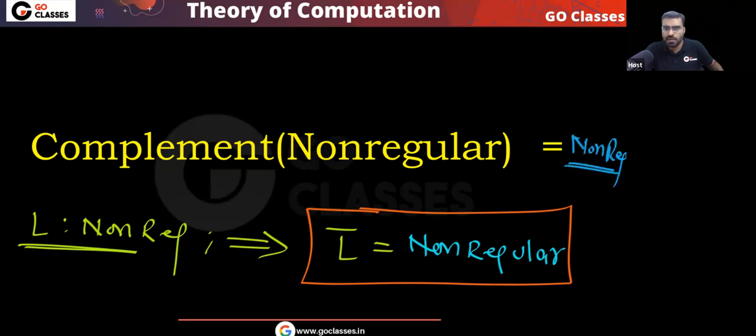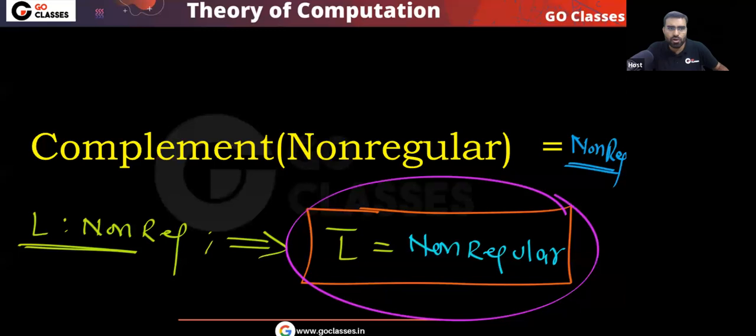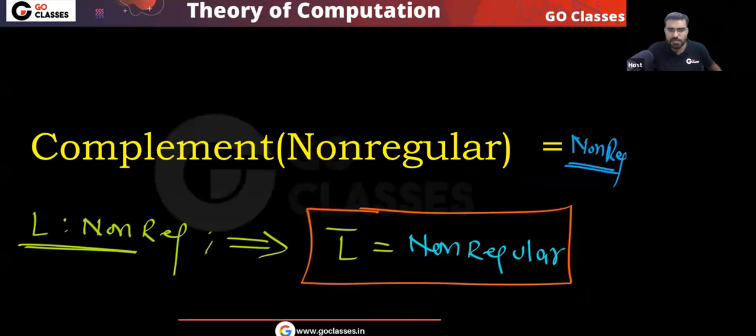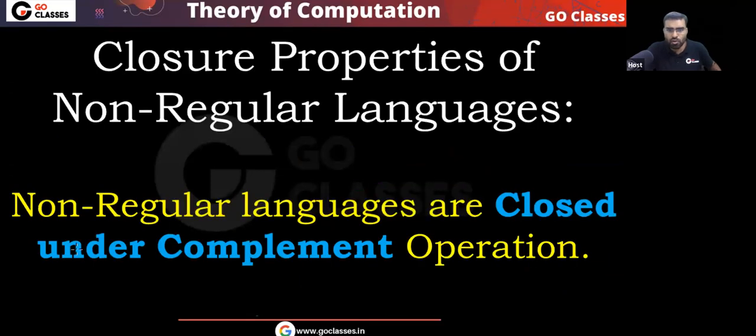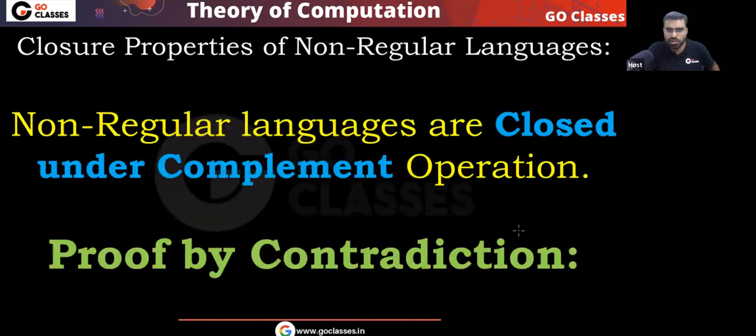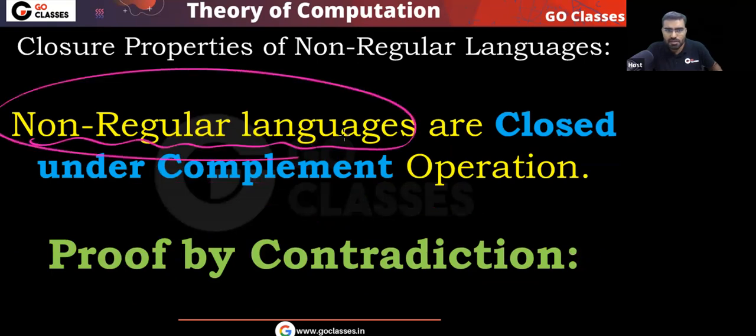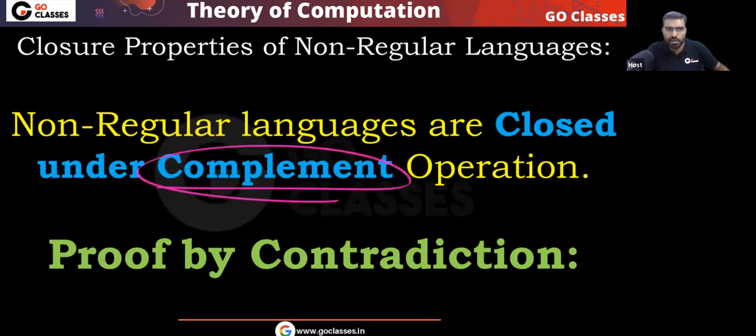Can you prove it? I am saying if L is not regular, then the complement also will not be regular. You can prove it using contradiction. Non-regular languages are closed under the complement operation.